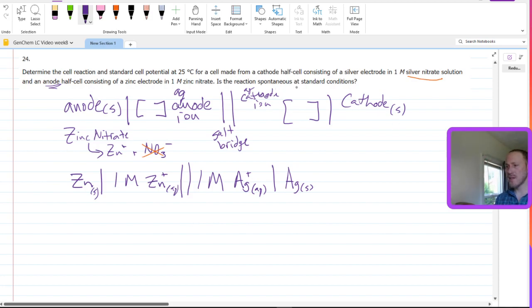Is it spontaneous in standard conditions? So this sounds like a Nernst equation kind of thing. And I was mentioning that we don't need to think about stoichiometry for some of these situations.